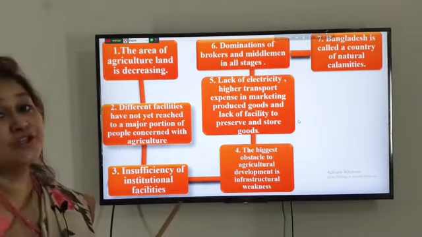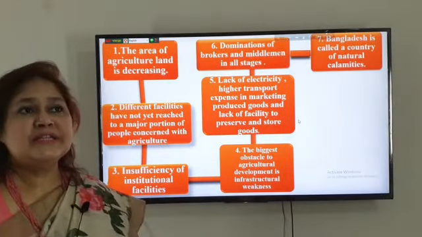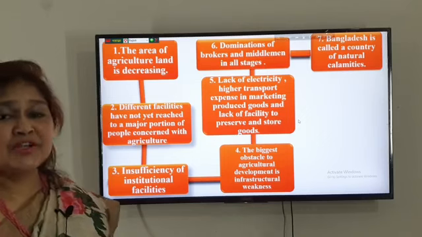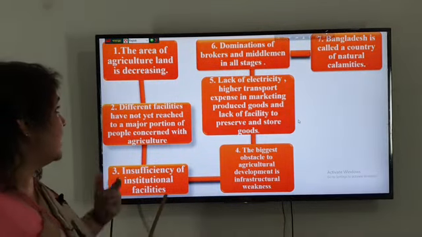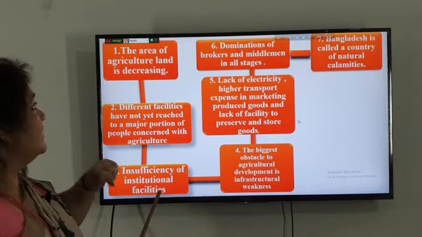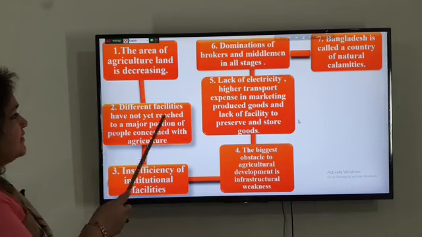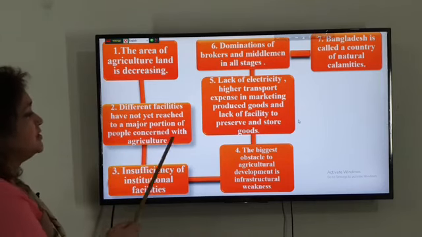The main reason is overpopulation. For overpopulation, for meeting their demand, we are establishing houses, mills, and factories on the agricultural land, and for this, the agricultural land is decreasing.